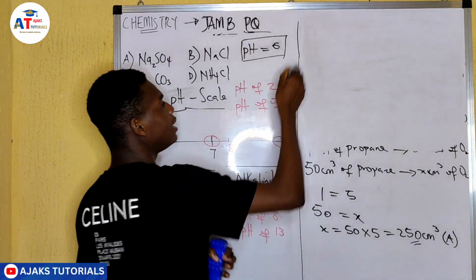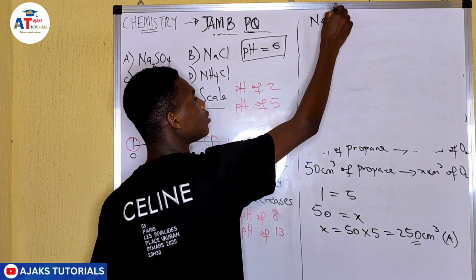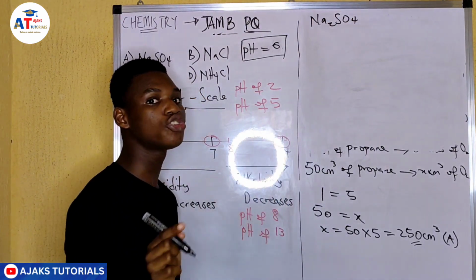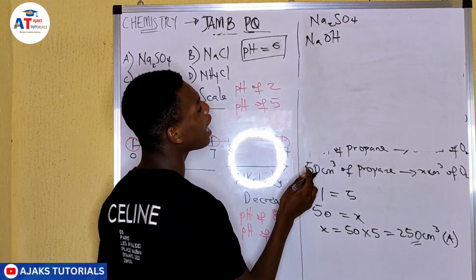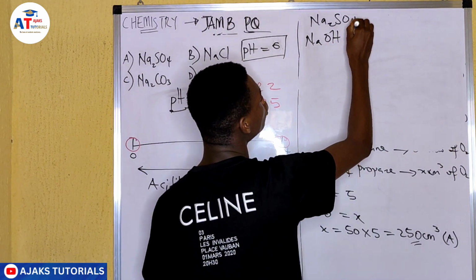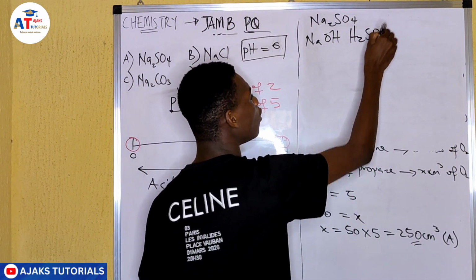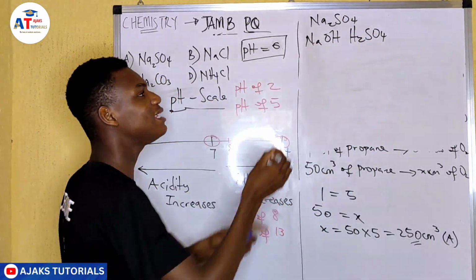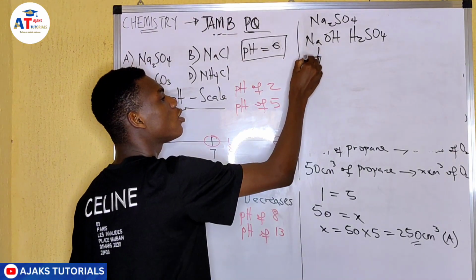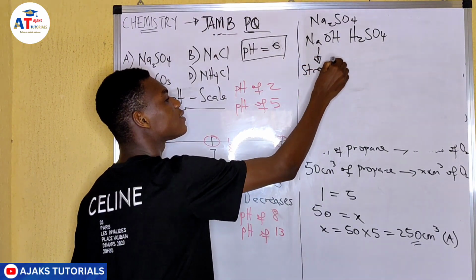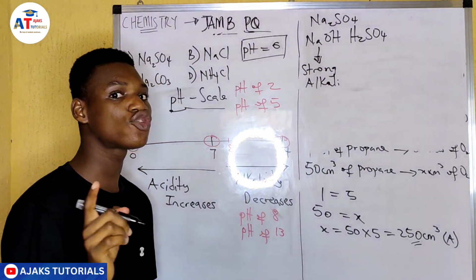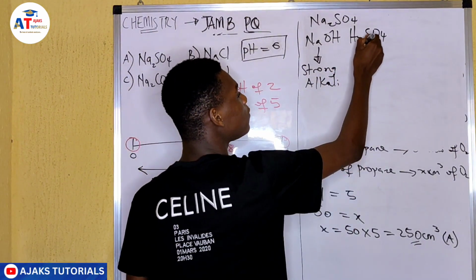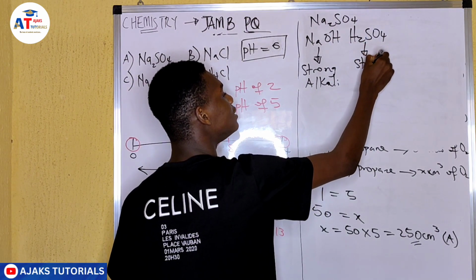Now, Na2SO4 is a salt from the neutralization of sodium hydroxide and H2SO4. Now, sodium hydroxide is a very, very strong alkali. Now, start writing. H2SO4 is a very strong acid.